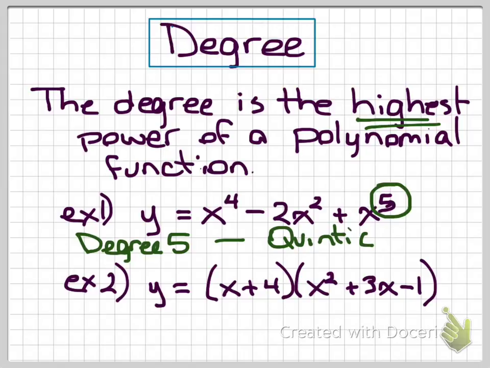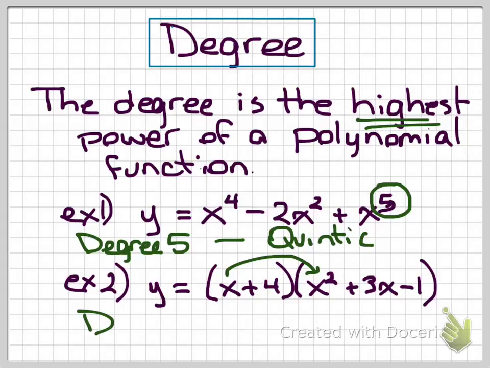Now, example 2 is a little bit different because now we have y equals the quantity x plus 4, times the quantity x squared plus 3x minus 1. In order to find out what our degree is, we would have to distribute that x plus 4 into x squared plus 3x minus 1. And in the end, we would see that when we multiply the x times x squared, we would get x cubed.